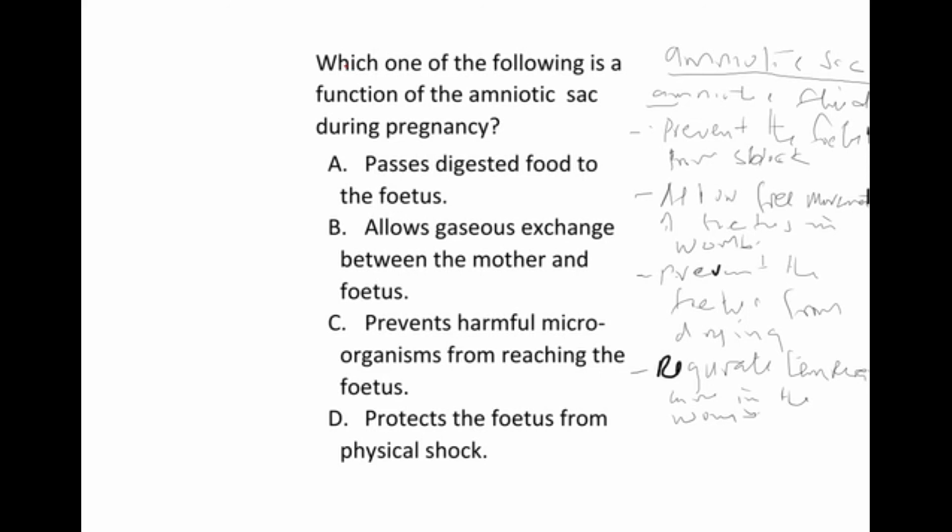In case of any physical action that might lead to injury of the fetus, the shocks are absorbed by the amniotic fluid. The amniotic sac contains the amniotic fluid that protects the fetus from physical shock that may lead to injury.